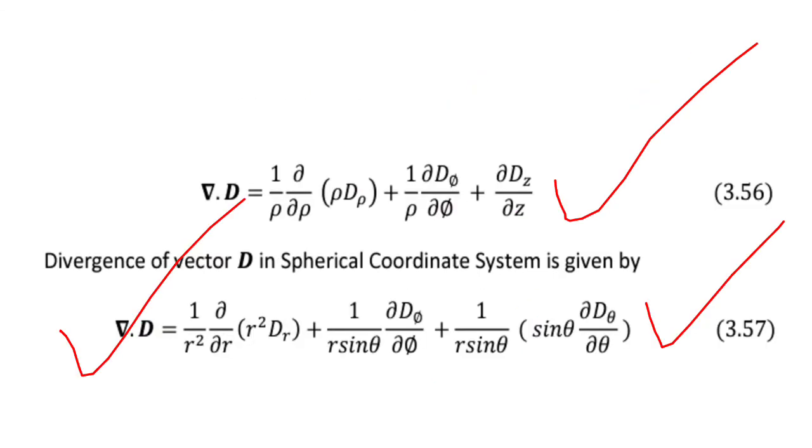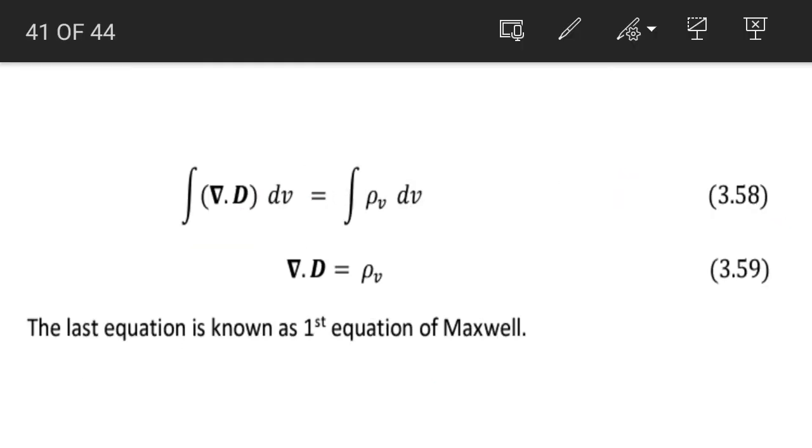If we put the value in equation number 53, we have the integration of the divergence of D into dV, which is equal to the integration of rho v dV, and if we simplify this particular equation, we get the divergence of D, which is equal to rho v, and this equation is known as the first equation of Maxwell.